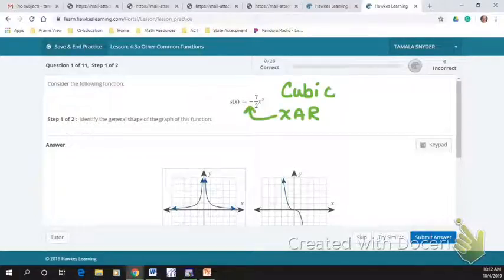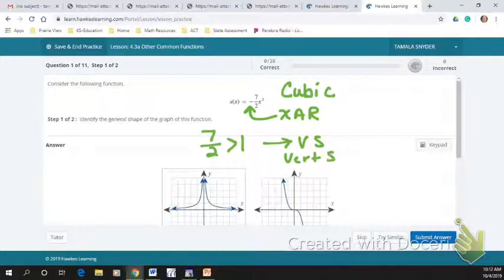Because it's negative. And what does the 7/2 do? If it was between 0 and 1, it would compress, but 7/2 is bigger than 1. So because 7/2 is greater than 1, therefore this thing is a vertical stretch.